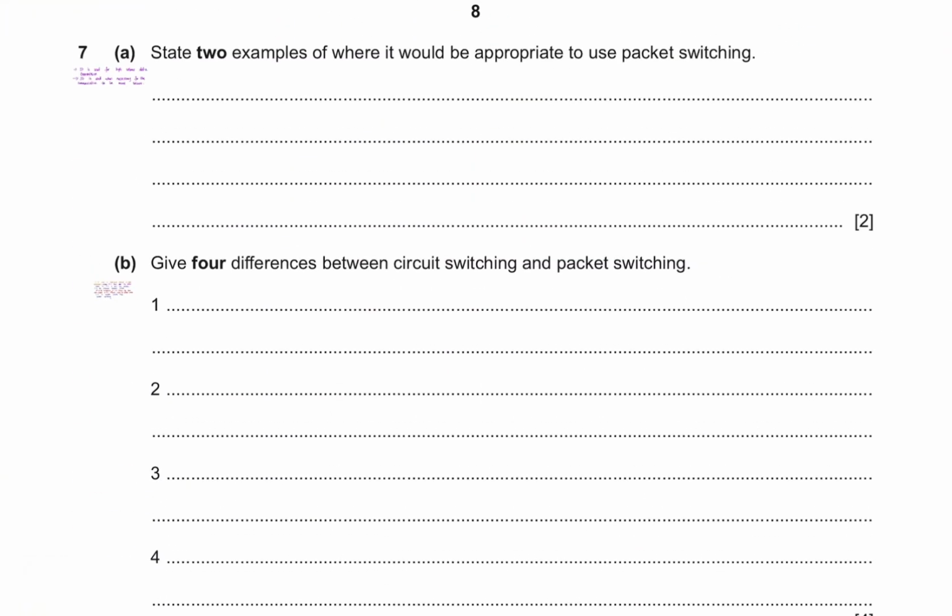Now, question number 7 says state two examples of where it would be appropriate to use packet switching, circuit switching. Okay, chapter 2. So the answer for that is stored here.